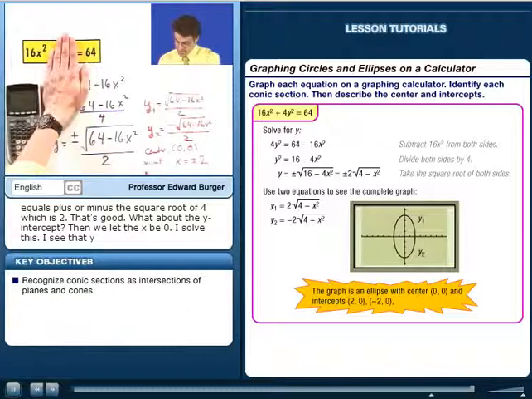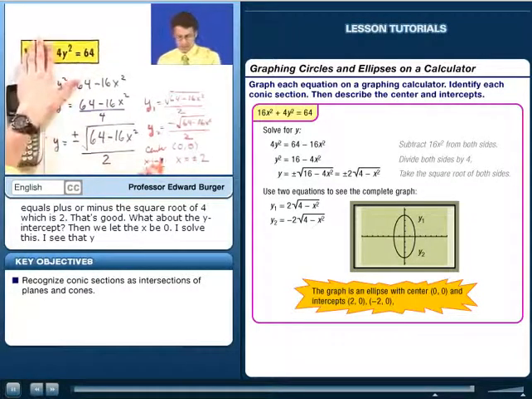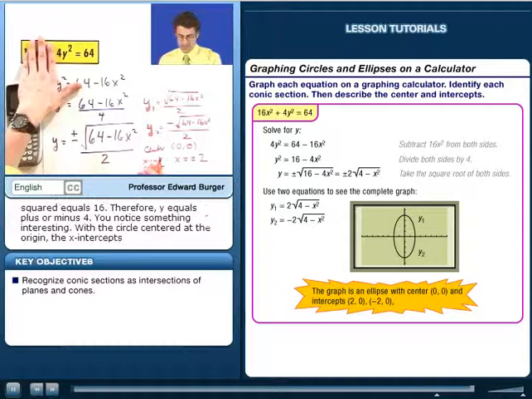Okay, that's good. Now what about the y-intercept? Then we let x be 0, and I solve this, and I see that y squared equals 16, and so therefore y equals plus or minus 4.